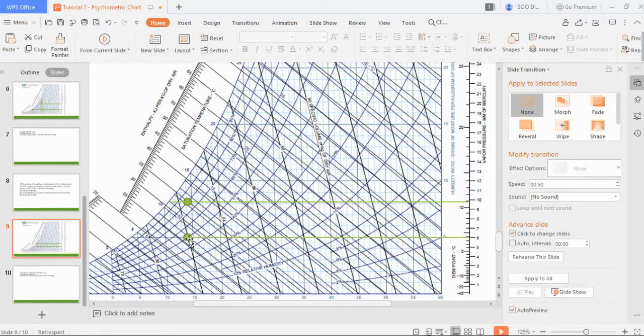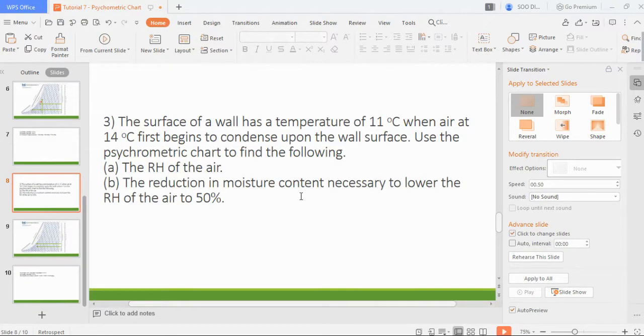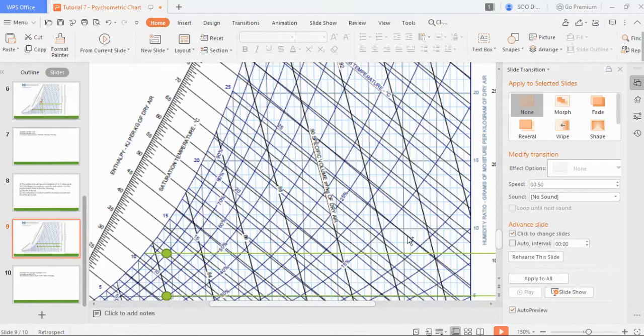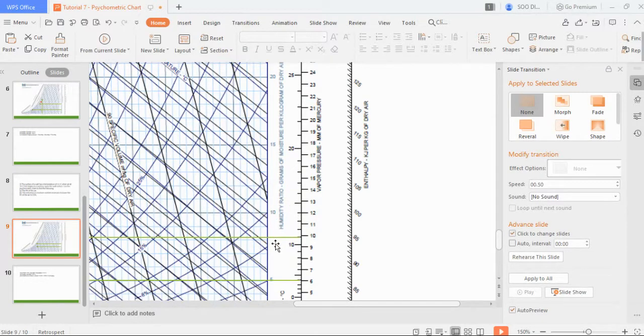This is your point B. So from point A, with this information, and from point B still on the same line but at 50%, you have to draw a horizontal line across. To find out the reduction in moisture content necessary to lower the RH of the air to 50%, you have to refer to this scale, the humidity ratio.